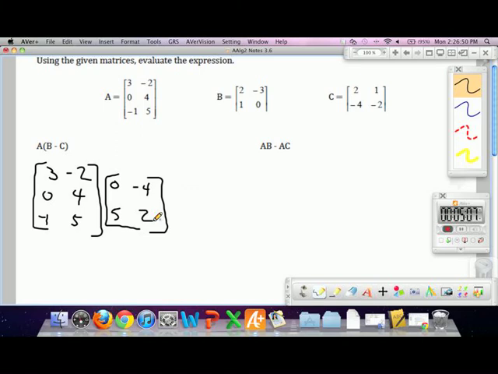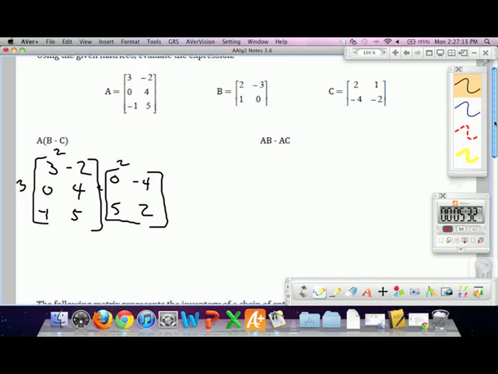Okay. Can we multiply these matrices together? Yes. This is a 3 by 2, and this is a 2 by 2. The columns match the rows. So we should get a resultant matrix, and let's see what that looks like.